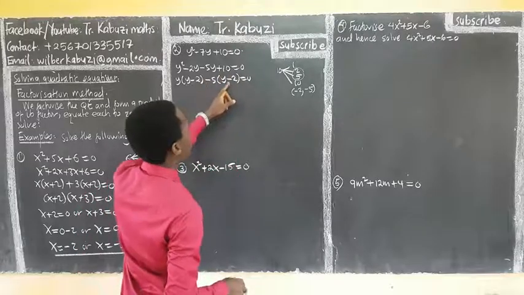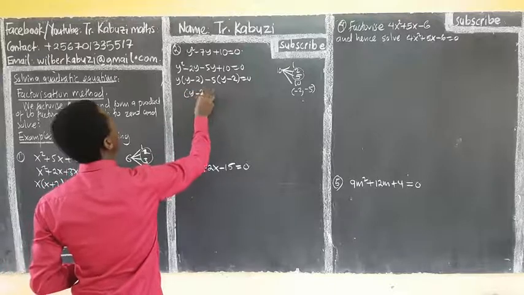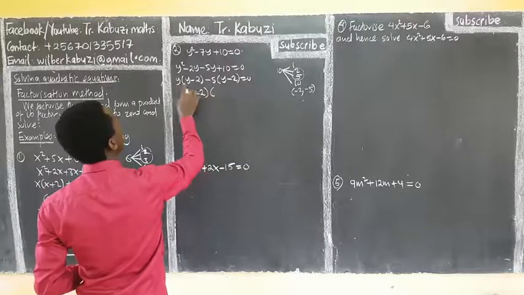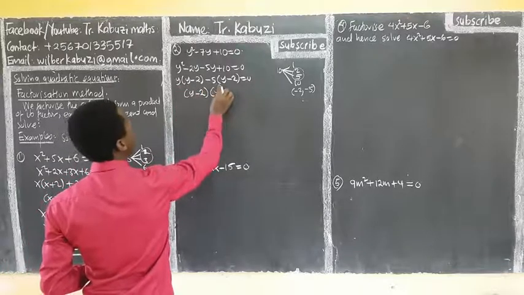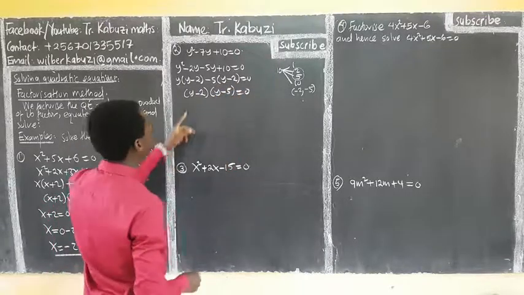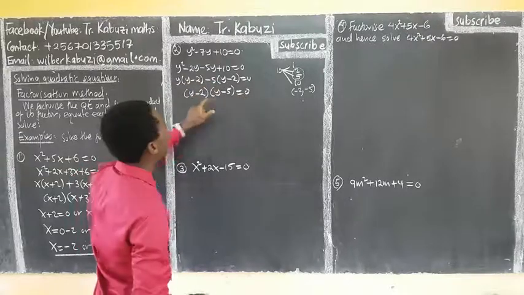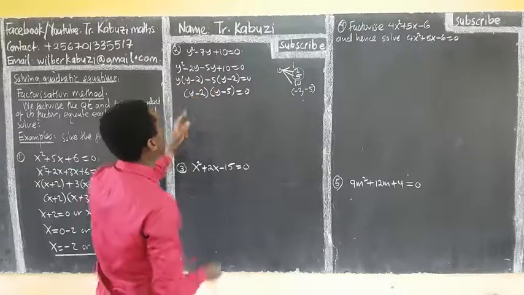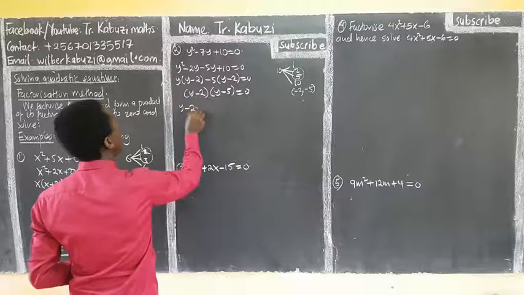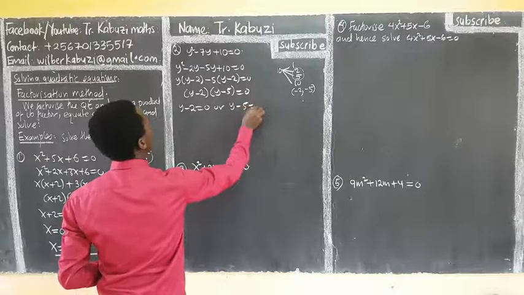So that when you open the brackets, you go back there. This is common, so y minus 2 into y minus 5 equaling 0. If I multiply two brackets and they give 0, it means one of them is 0. So either y minus 2 is 0, or y minus 5 is 0.